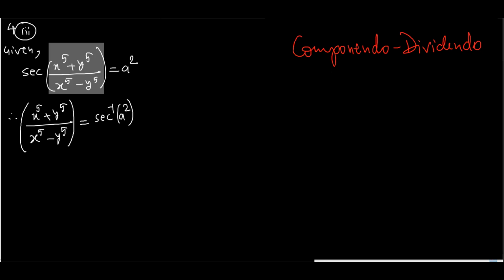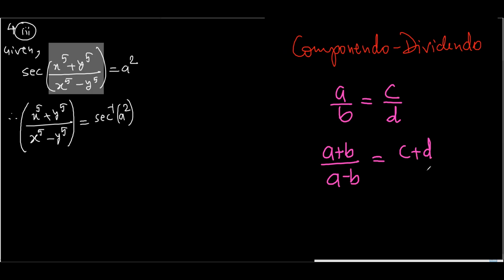When you have two ratios equal to each other, suppose I have A upon B equal to C upon D, then by applying componendo and dividendo, what I will get is A plus B upon A minus B equals C plus D upon C minus D. What does it mean?